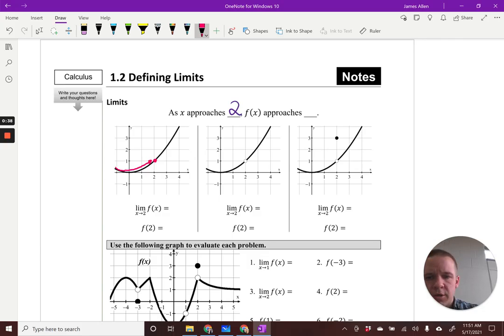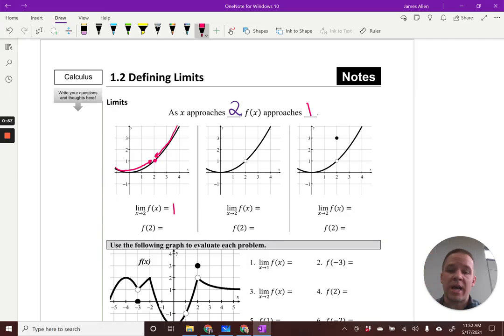As x approaches 2, f of x is approaching 1. And does the same occur from the other side? It does. So as x approaches 2, f of x approaches 1. So the limit as x approaches 2 of f of x is 1.